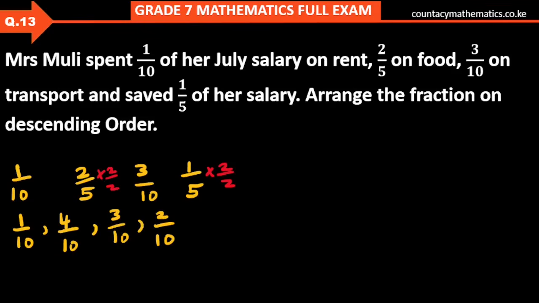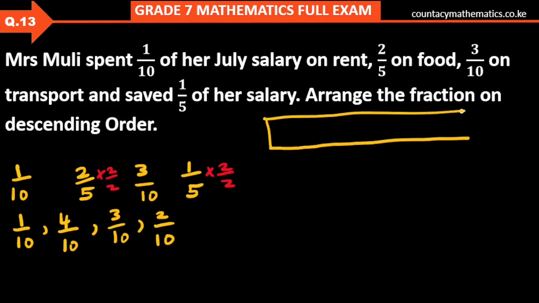You see, if we assume we have something with 10 divisions, let's say something like this, with the first division, second, 3, 4, 5, 6, 7, 8, 9, 10.